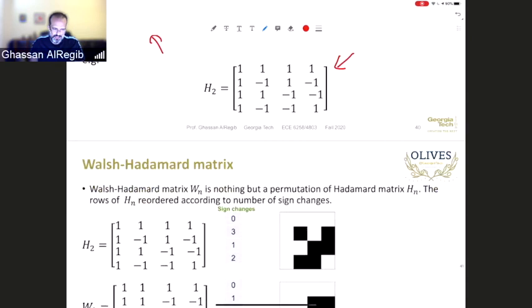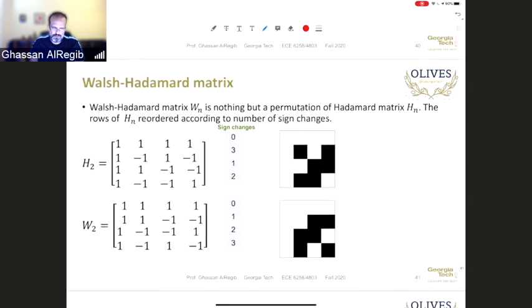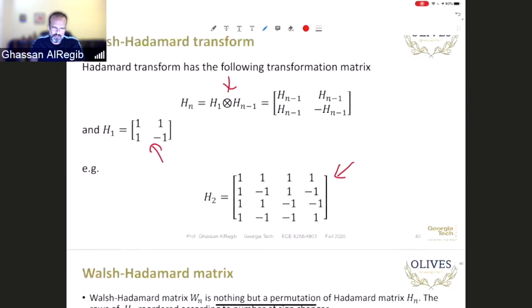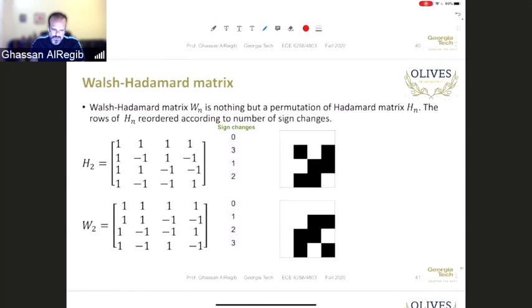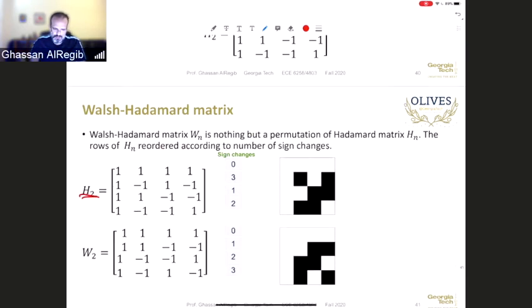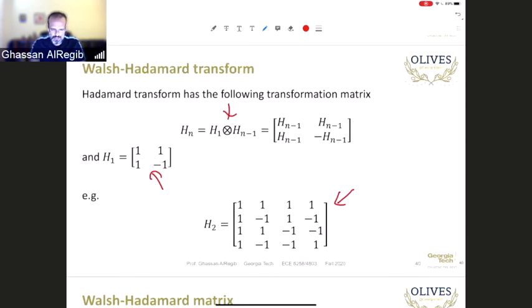But before I do that, I want to talk about Walsh-Hadamard. The difference between Hadamard and the Walsh-Hadamard, at least for our discussion in this course, is that I take the Hadamard, that H2, which is exactly obtained using H1, a product with Hn minus 1, which is 1, 1, 1, negative 1.